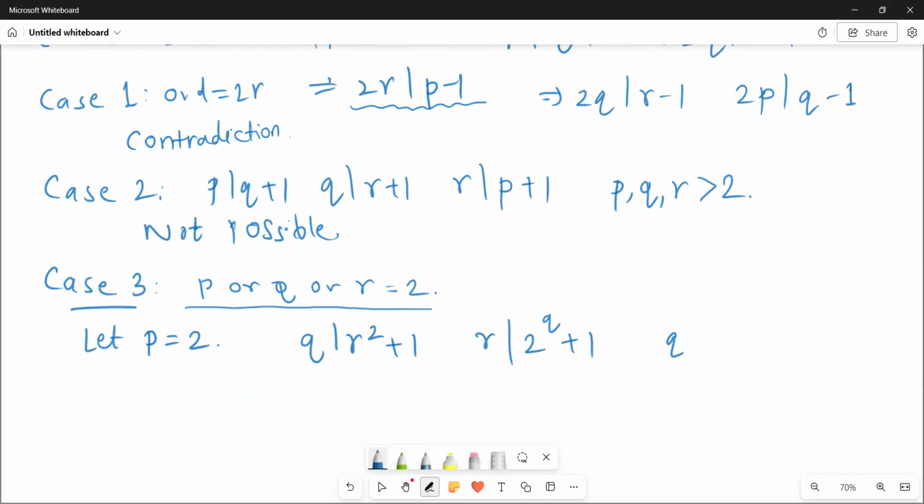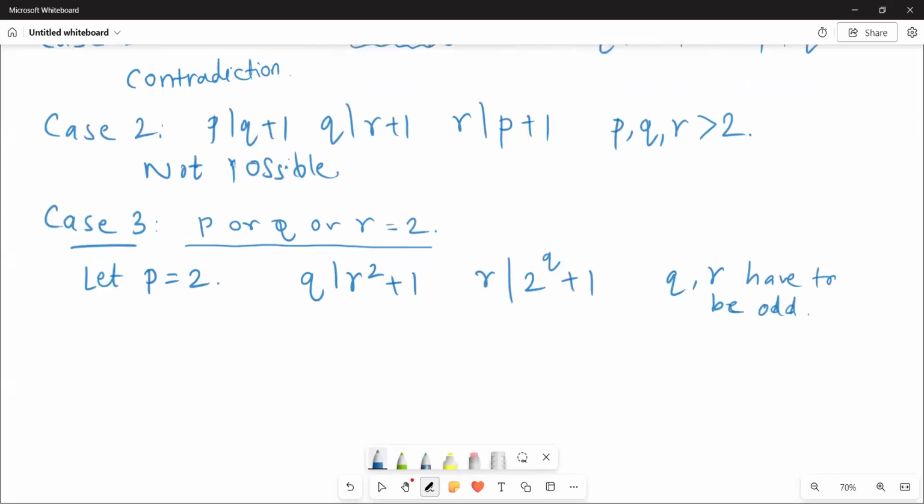And yeah, q and r have to be odd. So will there exist such primes?